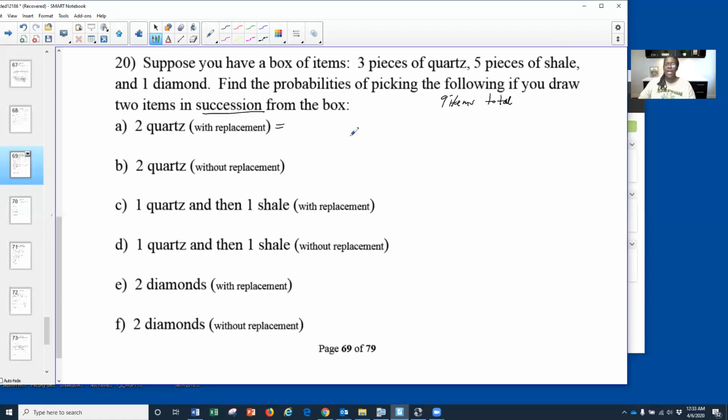How many quartz do we have in the box? 3. 3 out of 9. Then we put it back in the box, shake it up, we pull again, the probability is the same, 3 out of 9. These are independent, right? Don't have anything to do with the other.